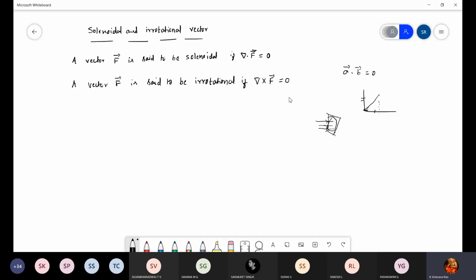It gives the number of electrical field lines passing through a particular area, which we call flux. If divergence is 0, del dot F is 0, there is no flux at all. So there are no electrical lines passing through that area. Particularly we call it solenoidal. Here you just have to show it is 0, or with the help of 0 you can calculate something else. There are not many application problems in your curriculum.